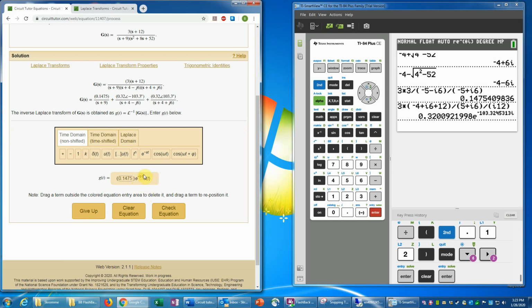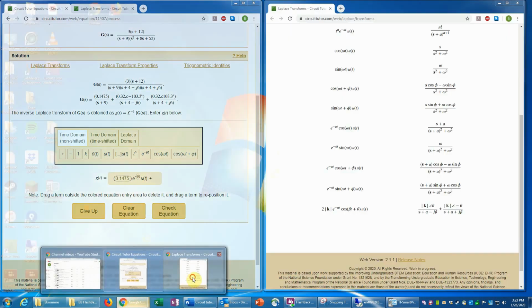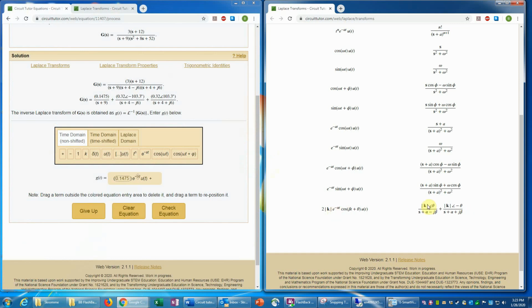Okay, so now that's the first term, and then I'm going to add to this. And now I can again go look at that table here and bring up the formula that I'm going to use for the inverse transform of the second two terms together. So those two terms together will give us one time shifted, or phase shifted rather, cosine term.